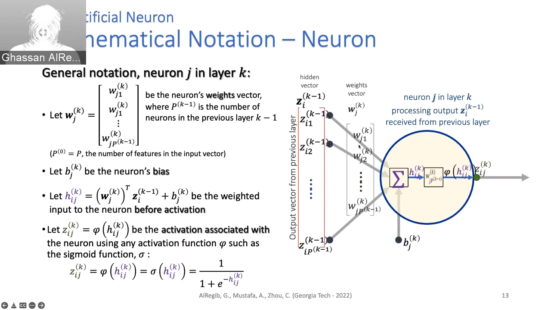Okay, and then these weights in here, since we are looking at the jth neuron, we have W sub j, and then how many of them do we have? We have P to k minus 1, right? That's how many of them, because that's the number of inputs we have to this neuron. And then we have the k in here, because it has to do with the layer we are at right now, which is the kth layer for this neuron.